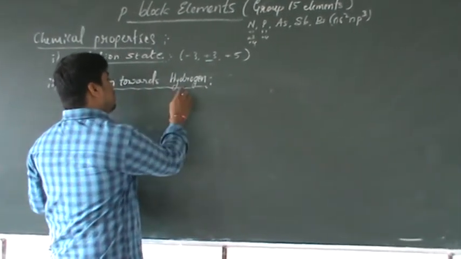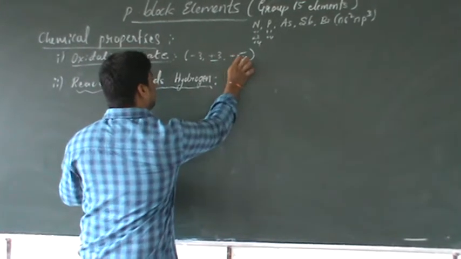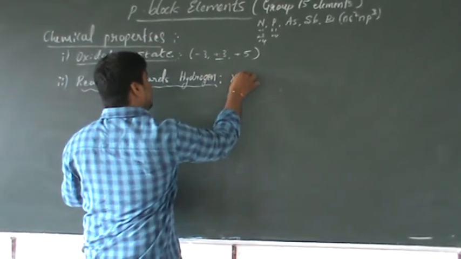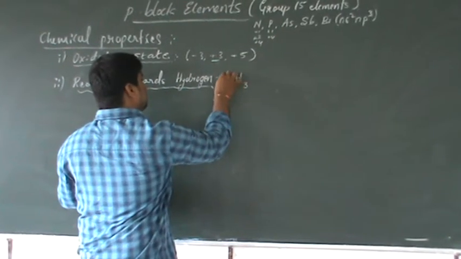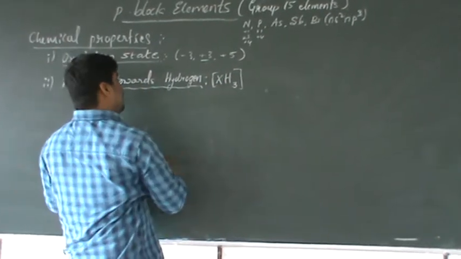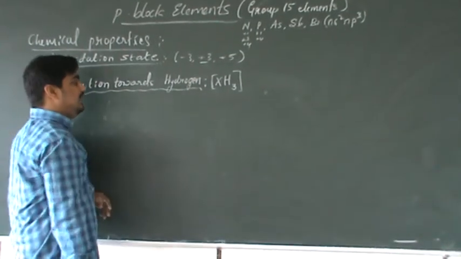When it reacts with hydrogen, it forms, I consider this one, the 15th group element X, in XH3 form. Okay, these are known as hydrides of 15th group elements. We consider different examples.